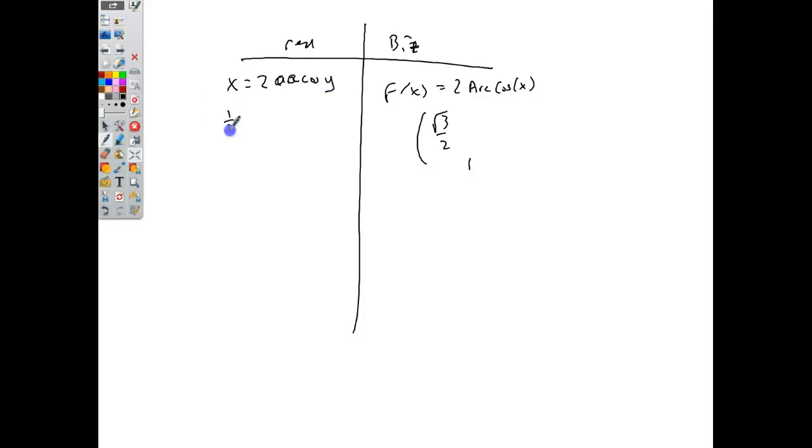Divide by 2. So I get 1/2 x equals arc cosine of y. And then how do I get rid of an arc cosine? Which would be cosining both sides. So I get cosine of 1/2 x equals y. Great. All right. Now, what's the derivative of that?